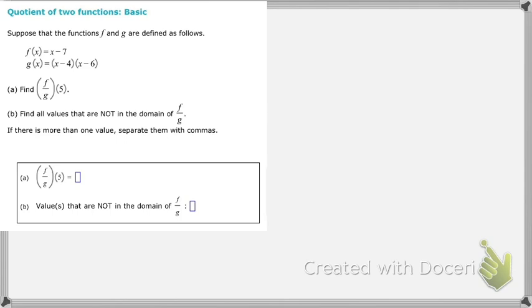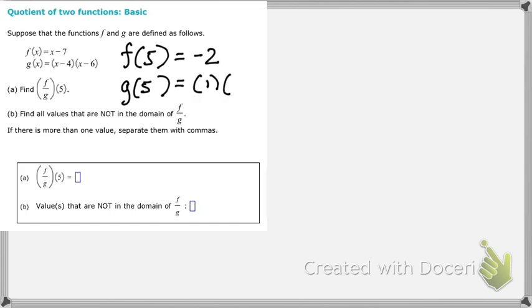The way that I'm going to do it is I'm going to do f of 5 and g of 5. So f of 5 is 5 minus 7, which is negative 2. And then g of 5 is 1. So I'm putting a 5 in here. 5 minus 4 is 1. So that's getting me 1. And then I'm putting a 5 in here. 5 minus 6 is negative 1.